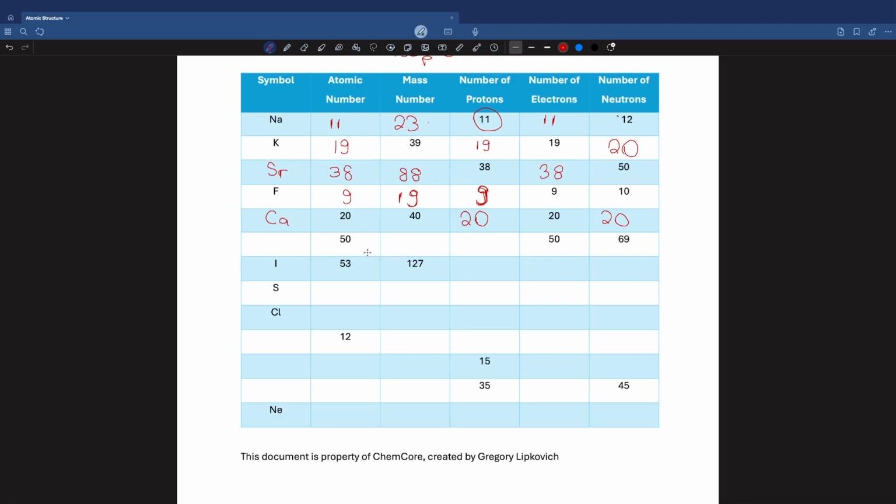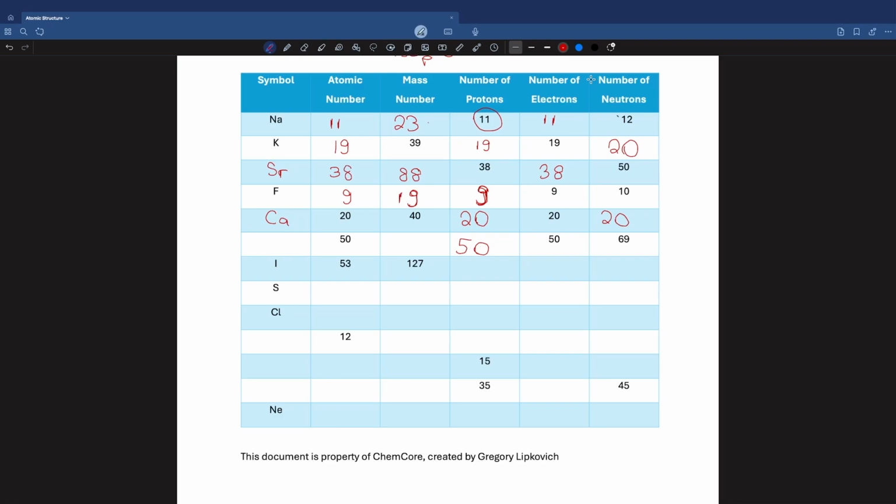The next problem, atomic number of 50. Let's try to generate as much information as possible and then refer to our periodic table. The atomic number of 50 should have 50 protons. Excellent. Our mass number should be just the atomic number plus the number of neutrons. So let me pull out a little calculator.